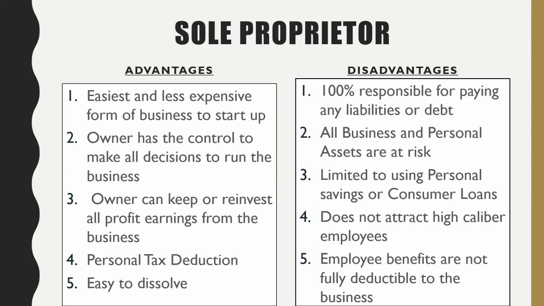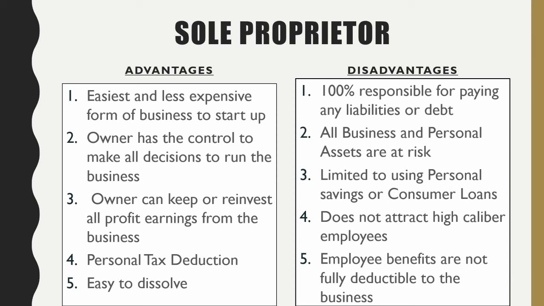One thing is that if you and the business are one, that means all of your personal assets are at risk. So if you owe money to the government or to the bank or something, and you fail to pay, they can come after your personal assets.